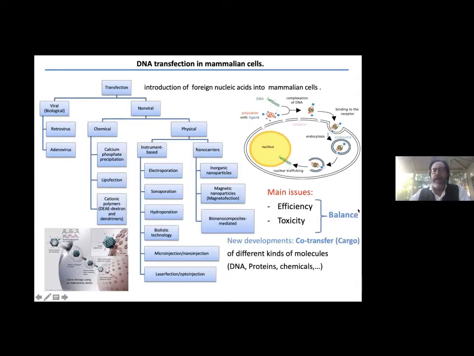Maybe it could be interesting to have some kind of cargo that would be able to transfer at the same time the DNA and other kinds of biological proteins or chemicals, for example, antibodies to target the cell.